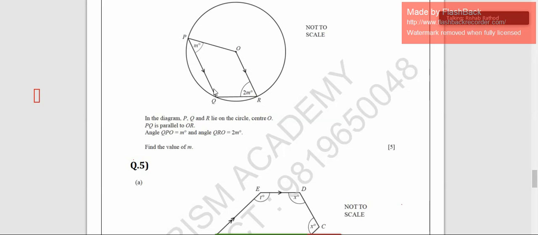So can I say this will be 180 minus 2M? Linear pair. Correct? Linear pair. This is 2M. This is 180 minus 2M. Are you understanding this? All of you? Yes, sir. Yes. Okay. This is the center O. They are parallel.